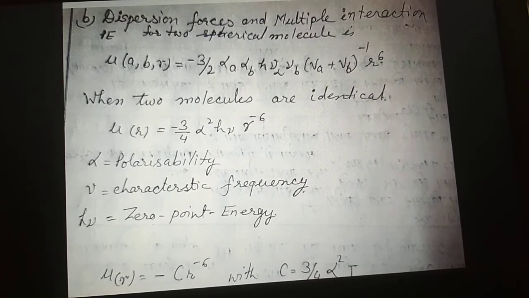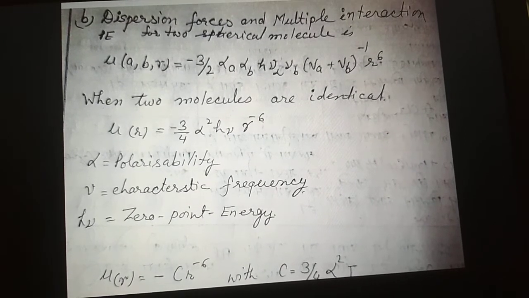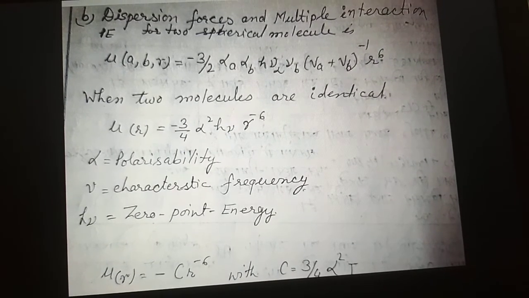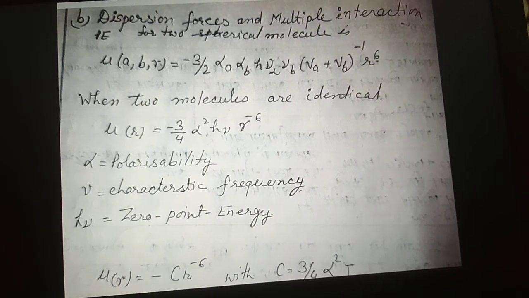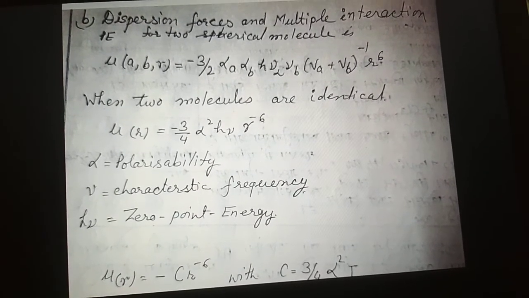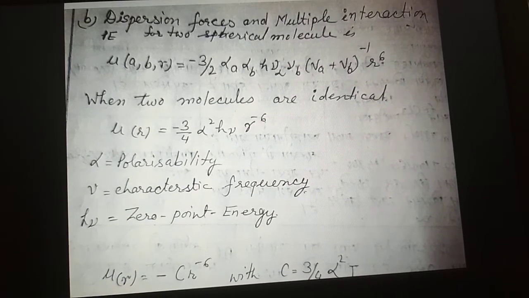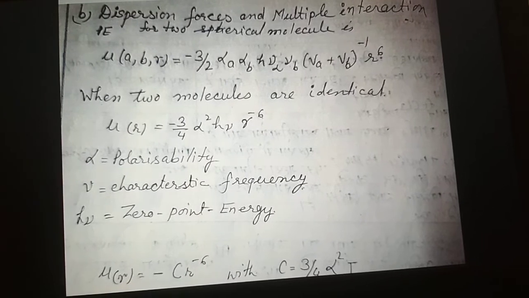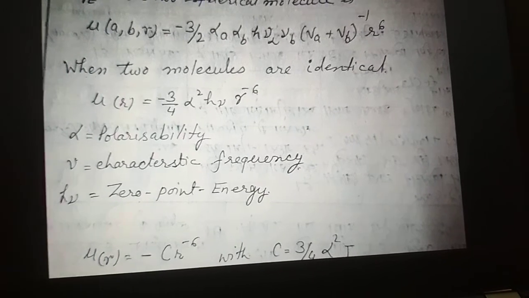The interaction leading to the perturbance of the electronic motion in one molecule by another is related to the perturbance of this motion by light, as measured by the dependence of the refractive index on the frequency of the light. The light dispersion, hence the name dispersion force for this interaction.